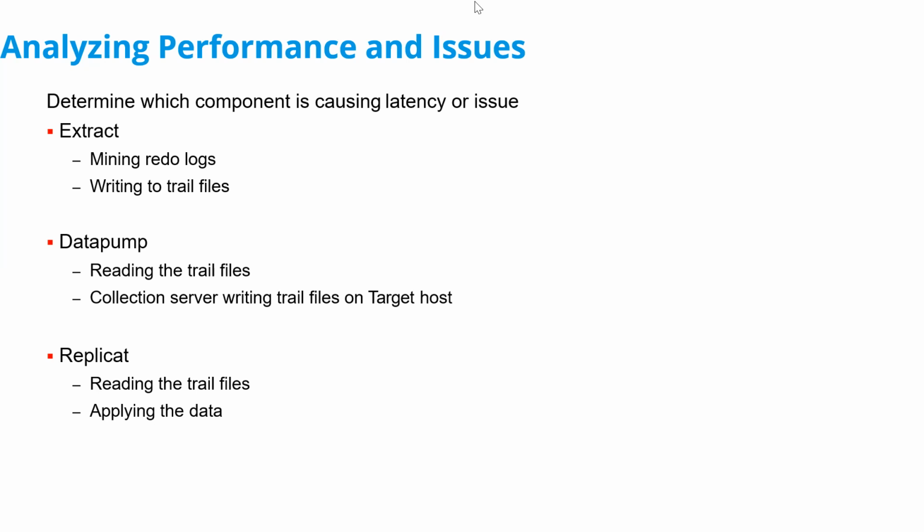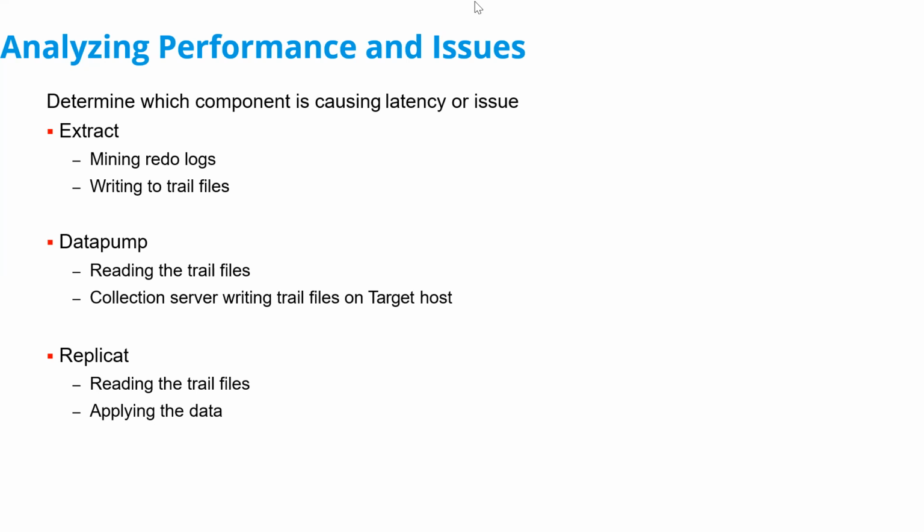So why does it take a lot of time? There are three processes involved in GoldenGate replication: extract, pump, and replicate. So first of all, you have to determine which component is causing latency or issue. Whether it is extract, pump, or replicate. If it is extract, identify why it is causing this lag.